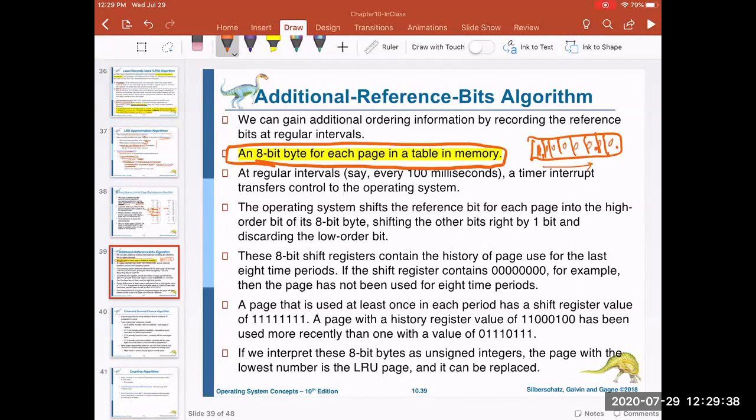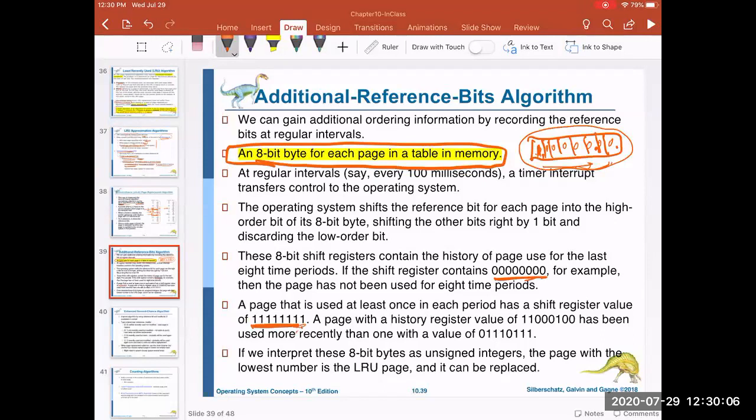Every time, we shift to the right and write into the most significant bit. And this would be read after some time, like after 8 iterations or 10 iterations. For each page there would be this 8-bit long byte, so it's a byte basically.